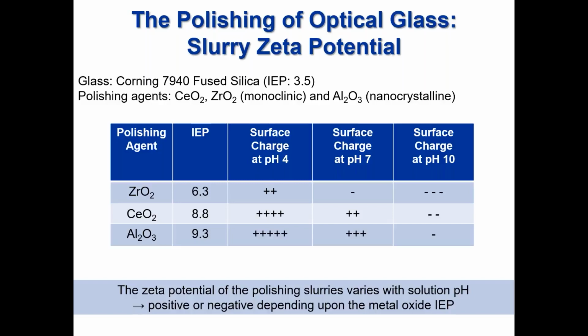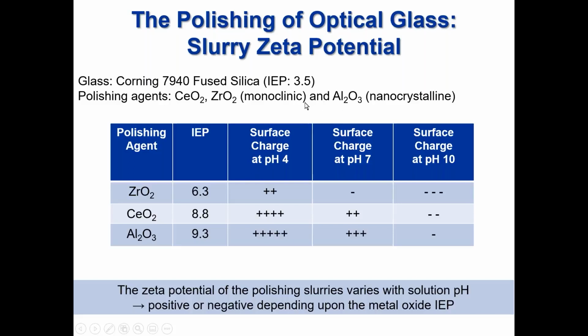The table lists the results for just one type of commercially important silicate optical glass, a Corning 790 fused silica, for which the isoelectric point was found to be 3.5. The complete study also included borosilicate and dense flint glasses, but I'm going to show one example here. 3 metal oxide polishing agents are used: a cerium oxide, a zirconia, and an alumina.